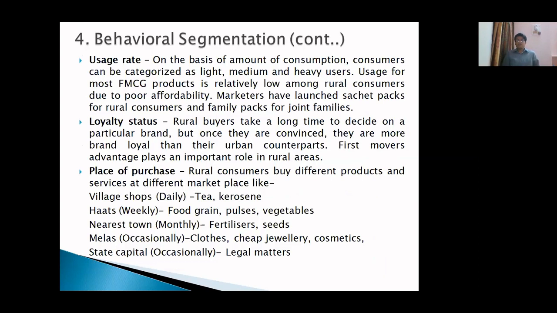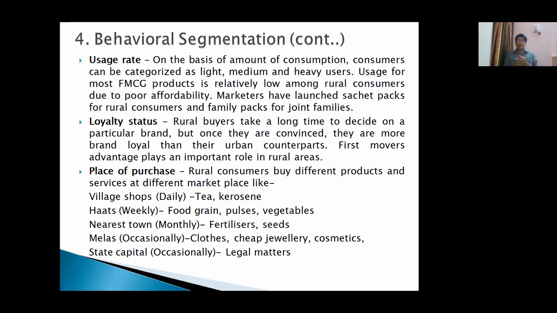Then, users rate. On the basis of amount of consumption, consumers can be classified as light, medium, or heavy users. Usage of most FMCG products is relatively lower among rural consumers because of poor affordability.